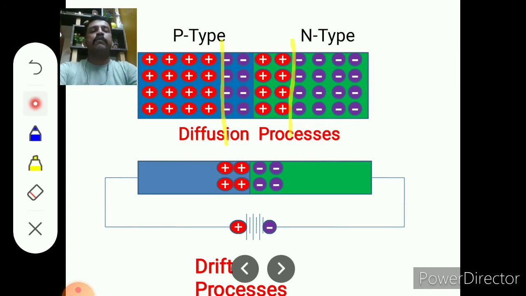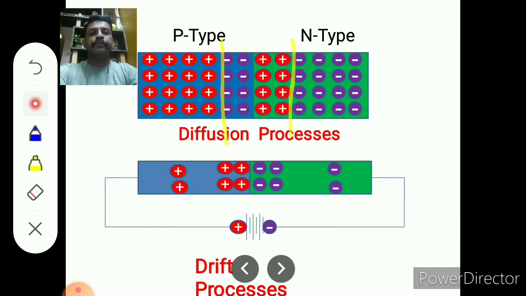Next we see the drift process. In this drift process, from this battery, the charge carriers, holes, are moving to the p-type semiconductor, and electrons are moving to the n-type semiconductor. So the charge carriers are moving like this. Again, this hole is moving to the p-type semiconductor, and these electrons are moving to the n-type semiconductor.